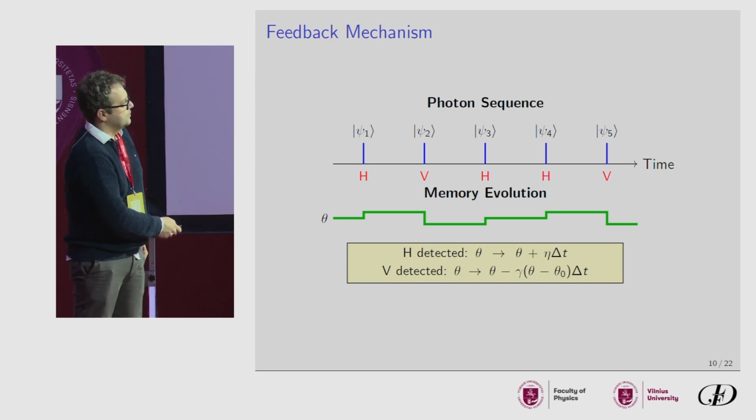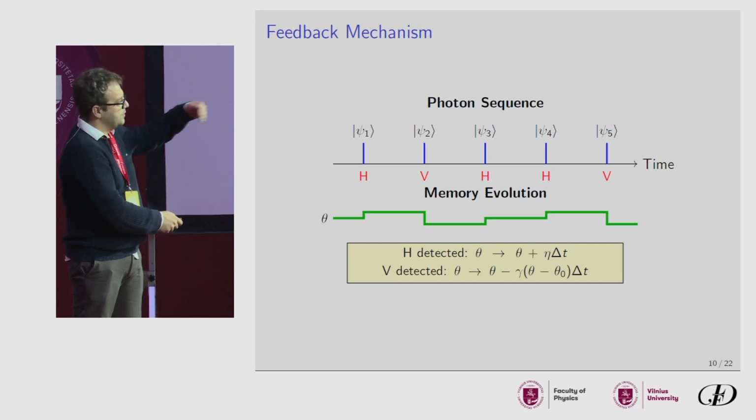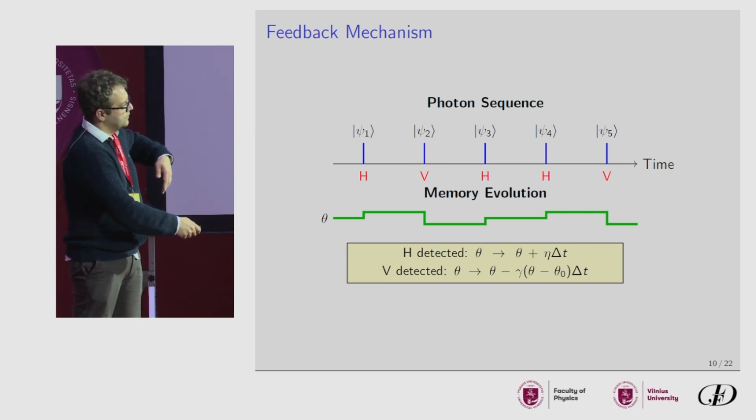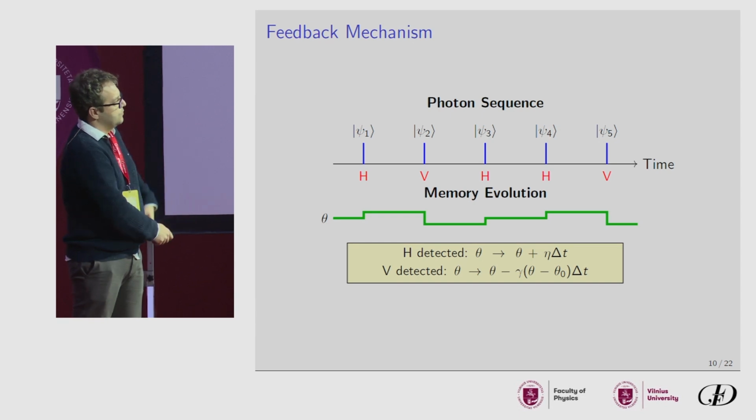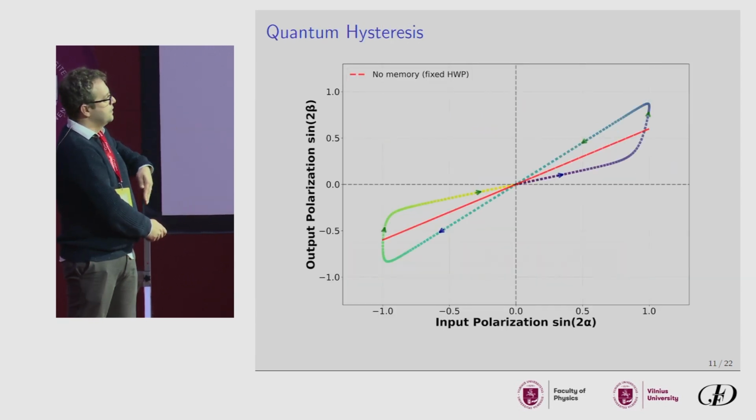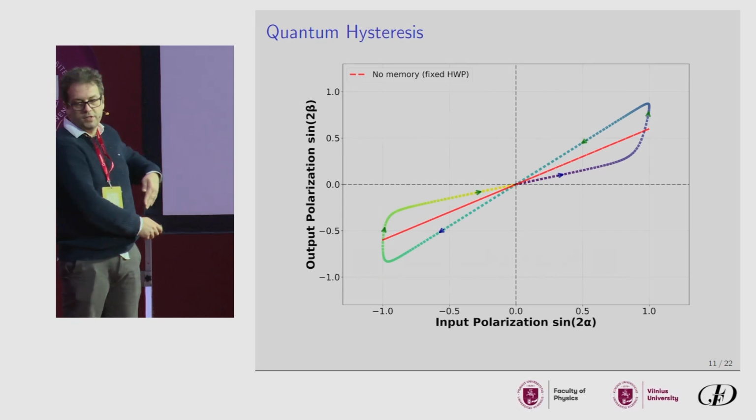So what happens in this loop is that at each iteration you just do something like this, where this term is not here. So there is no relaxation to the other mode.